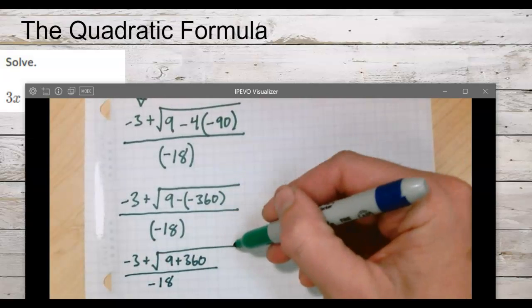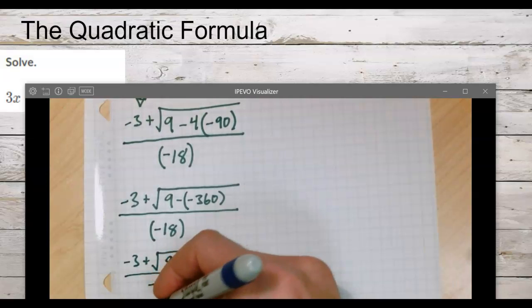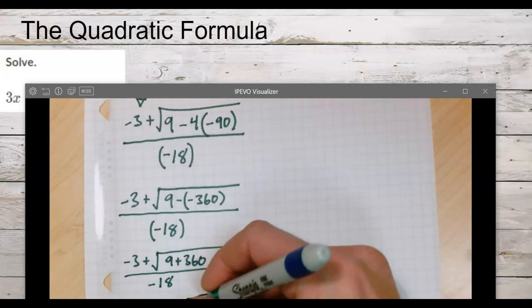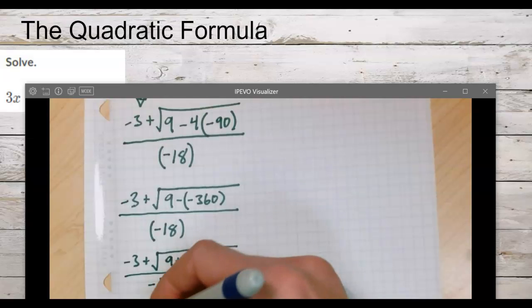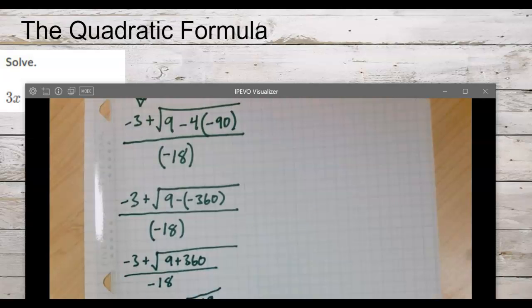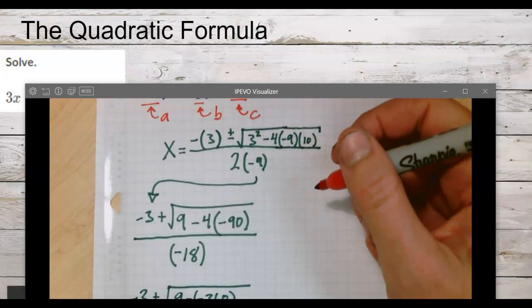Wow, I made that square root way too big. And we get negative 3 plus the square root of 369 over negative 18.